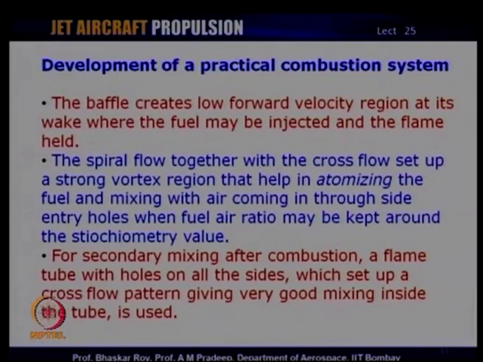The flame tube ensures that this takes place in a secured manner, and the vent holes around the inner liner, or the inner flame tube or the inner can, ensure that the air that comes in creates a secondary zone, which ensures you have a uniform temperature profile at the end of the secondary zone through a process of good mixing inside the flame tube.